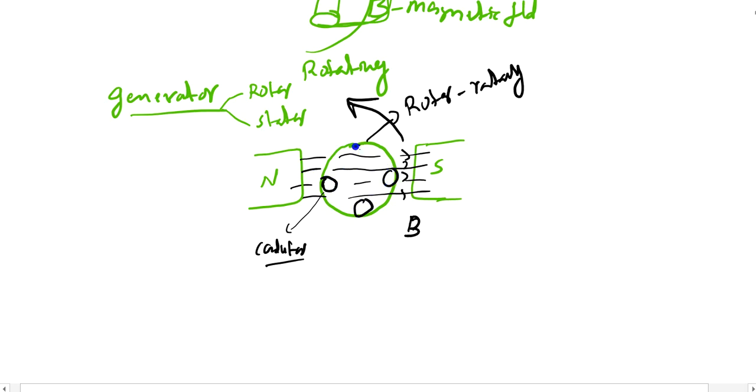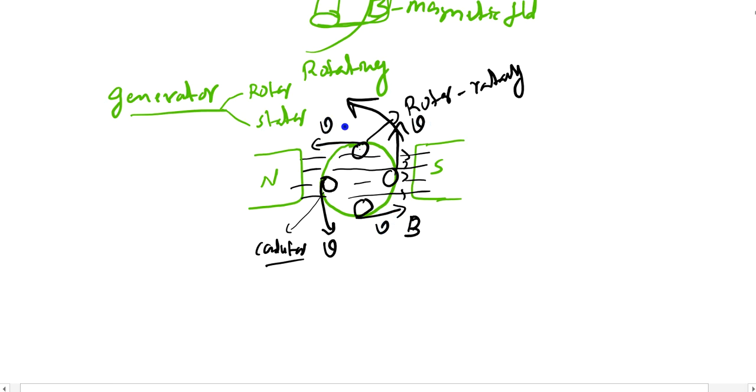These are the conductors at different positions you can assume. If the rotor is rotating, whatever conductors are placed on the rotor will also rotate. The velocity of rotation of the conductor I can take as v.